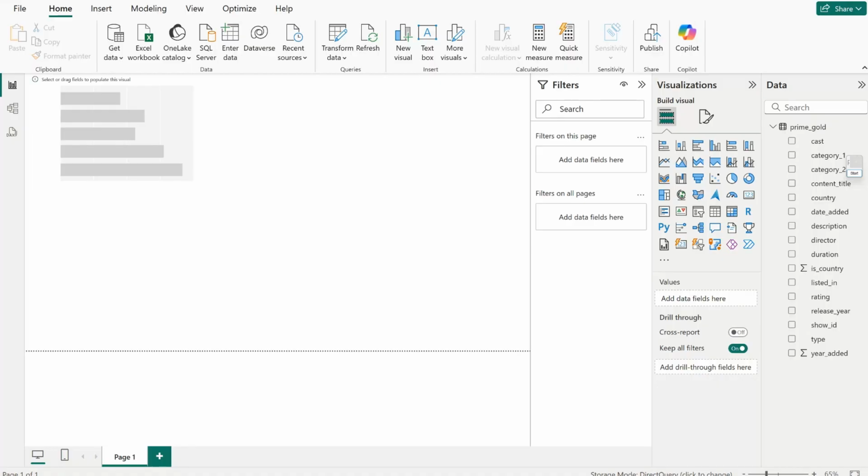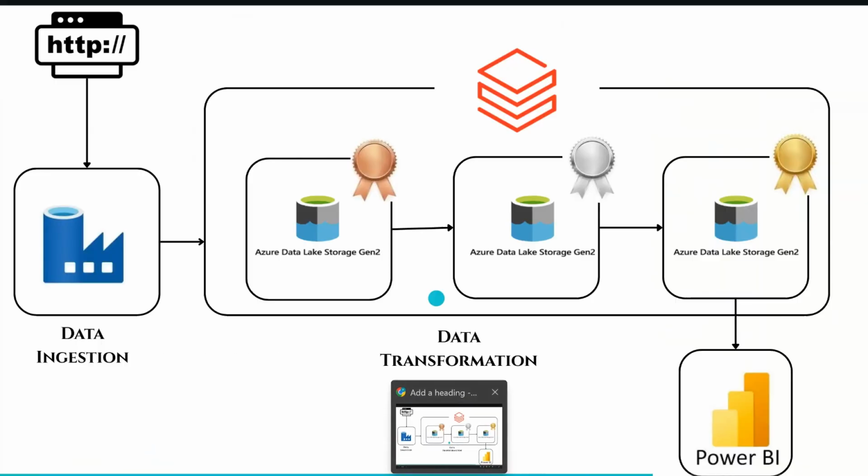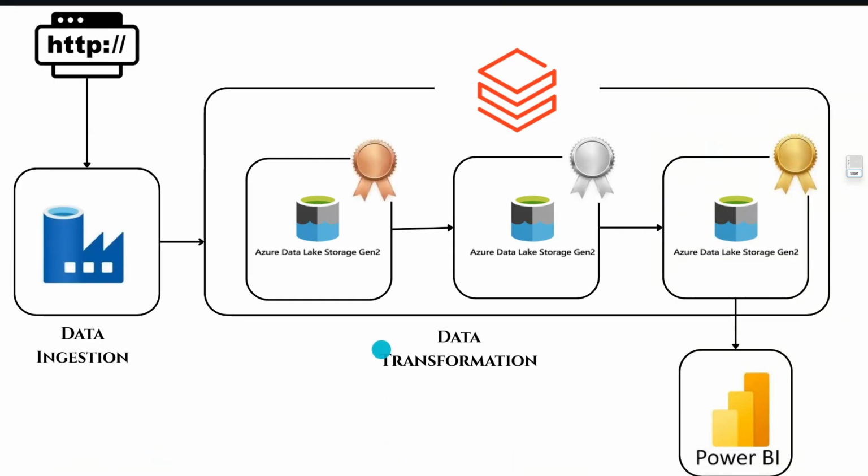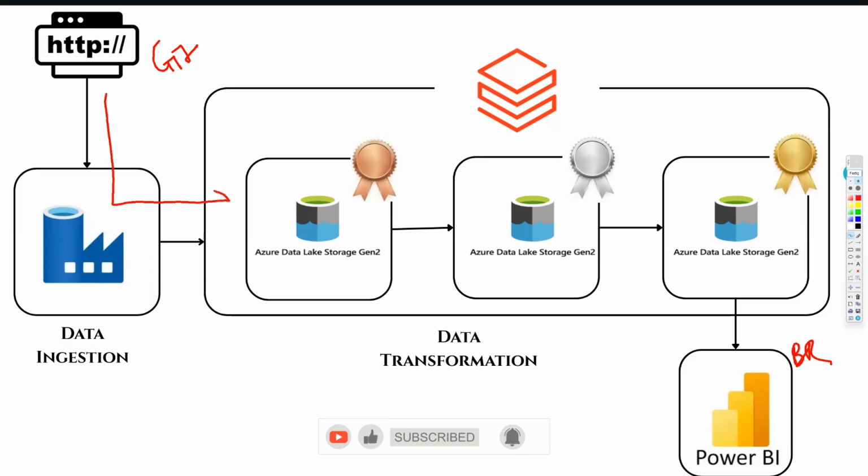And this is what we have created till now. So I think this is it. This is how we have created an ETL pipeline starting from source to destination, which was our GitHub account, to connect it to Power BI with the business-ready data. For that, we have used Azure Data Factory to ingest the data.